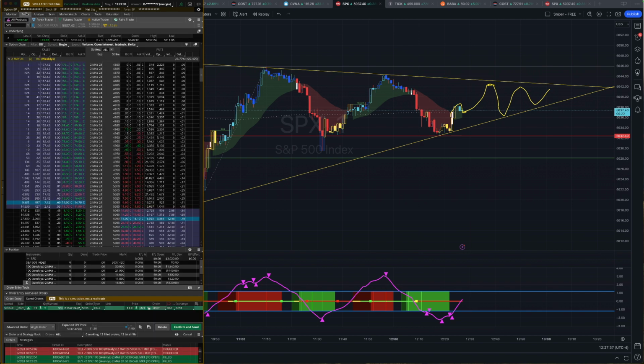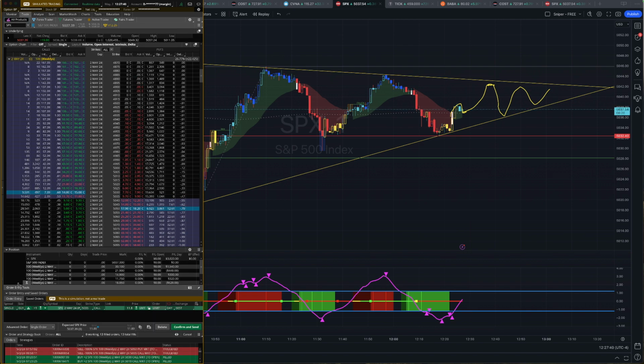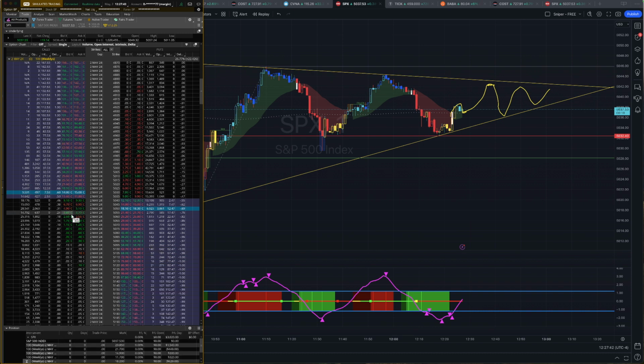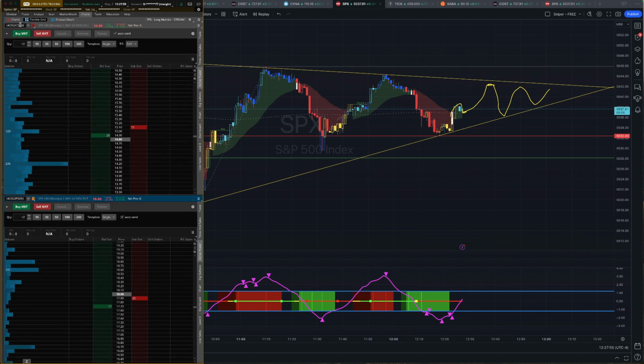So I go over to my trade, right? I come in here and I'm buying either at the money or one in the money. So I right click that, right? Those are the 50 30s. I copy them. I come back over and I paste it into this field here. Okay, and it puts that option contract in there.